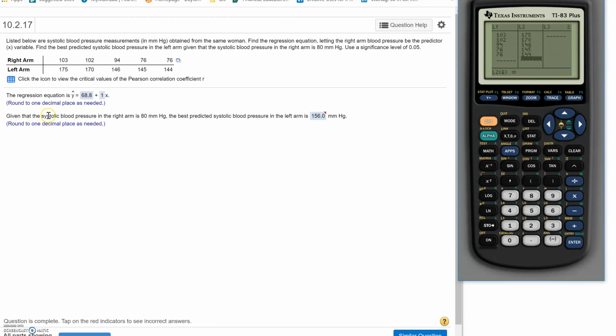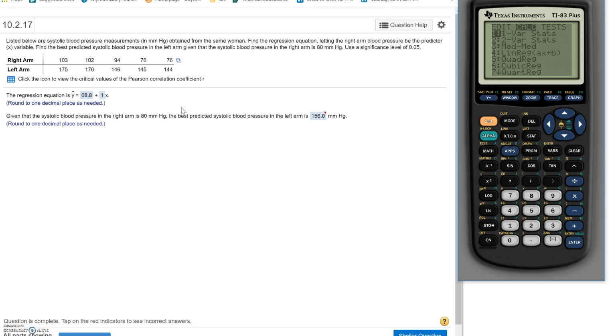Okay, now we want the regression equation. So you go back to stat, move to calc. Now be careful here. This particular problem wants the regression equation input as a plus bx.